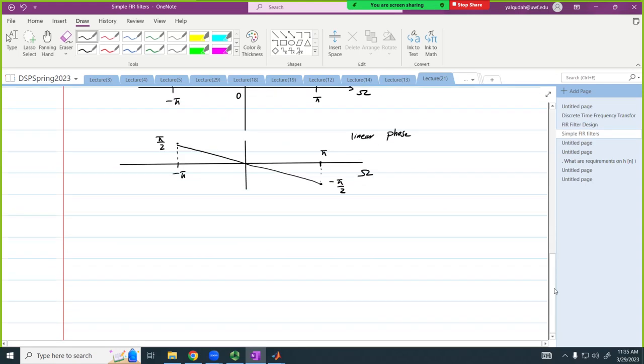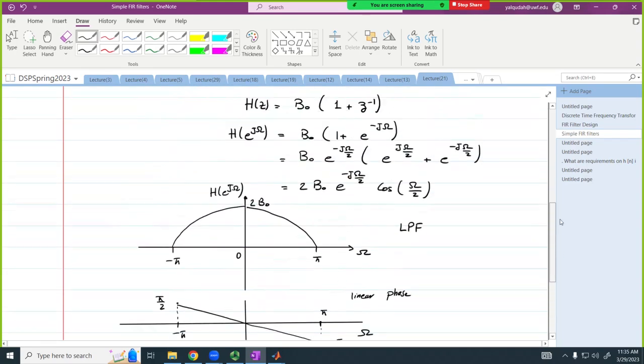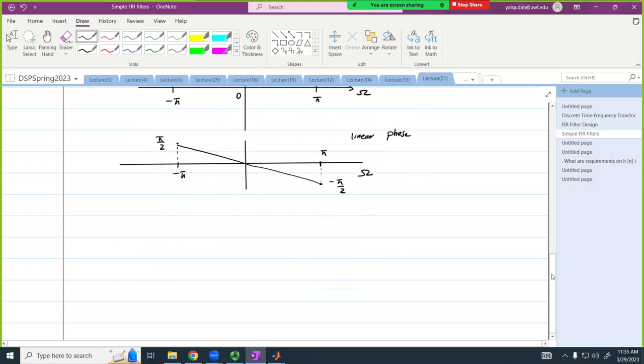Another filter. Well, actually, let's see how this filter works. So let's take this filter with b0 equal to 1. So therefore, y of n is just going to equal x of n plus x of n minus 1. We said this is a low-pass filter. So let's see if indeed it behaves as a low-pass filter.